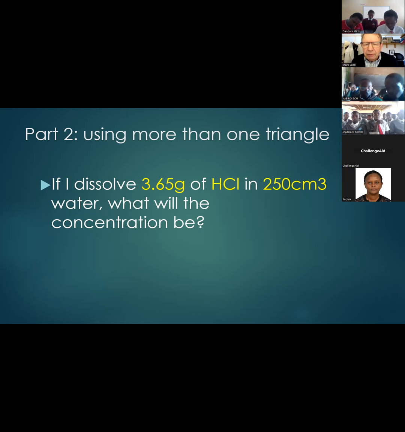So I need to work out the moles using the first triangle. HCl has an RMM of 36.5. We need to work out the moles of HCl first, and then put the moles over the volume over 1,000, and that will give you the concentration.